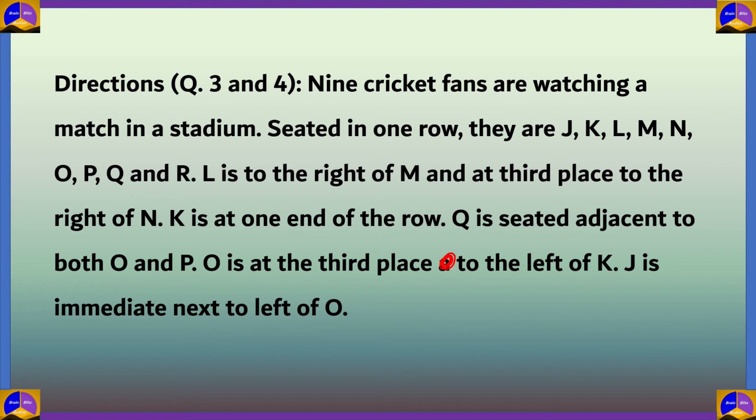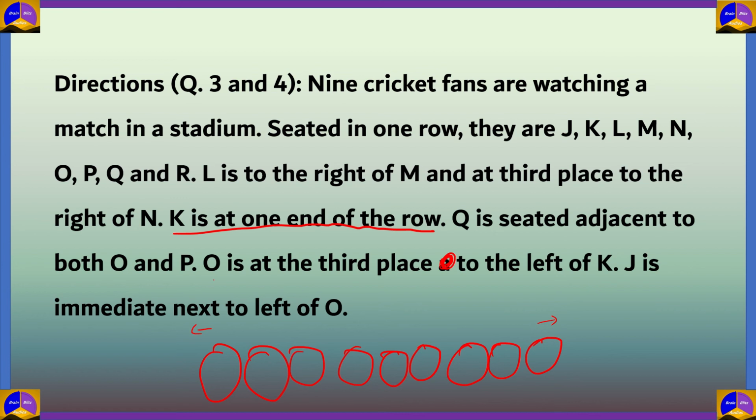So there are 9 of them seated in one row. So let's draw 9 seats: 1, 2, 3, 4, 5, 6, 7, 8, 9. Now K is at one end of the row. We don't know if it's the rightmost or the leftmost.